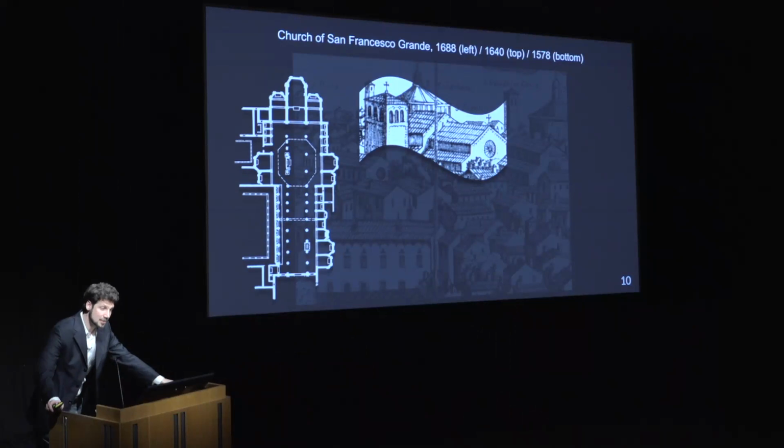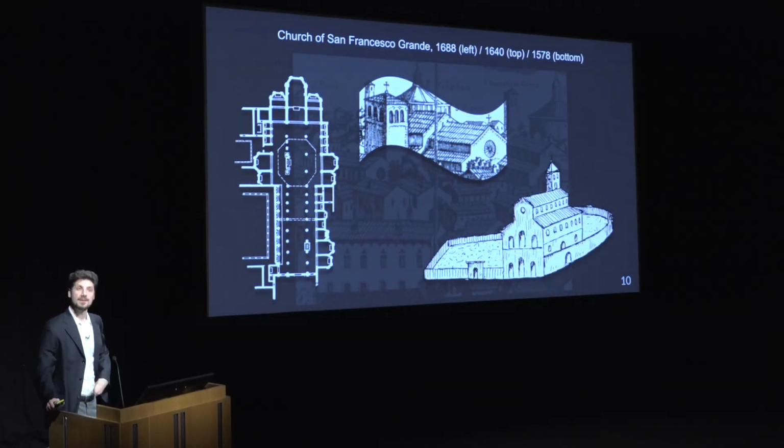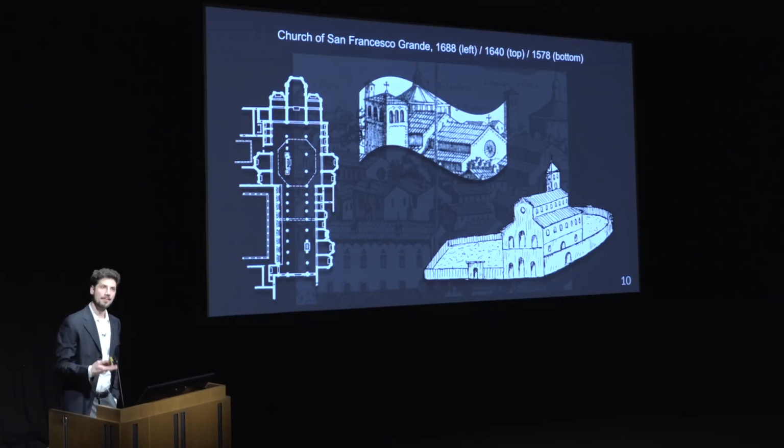So now we leave Florence, and we go to Milan, finally, with Leonardo. This is a view, a topographical view of Milan. It's much later, but what we see at the very top is the place we are interested in, the Church of San Francesco Grande. Unfortunately, the church no longer exists, and it was also transformed various times over the centuries, from the 15th to the 18th century.